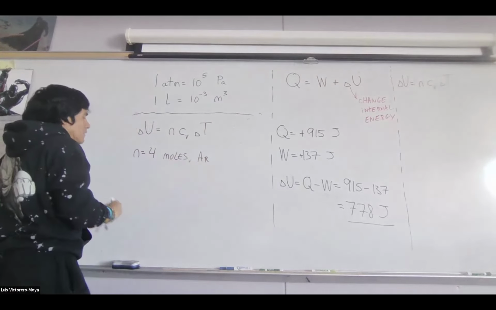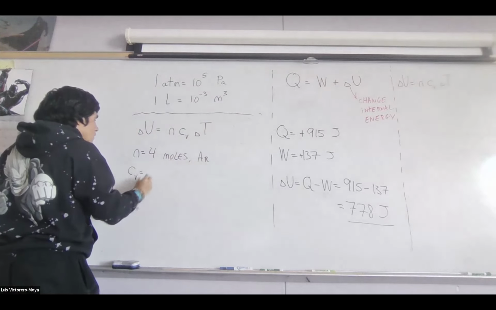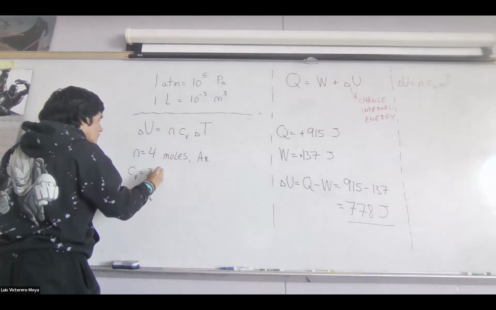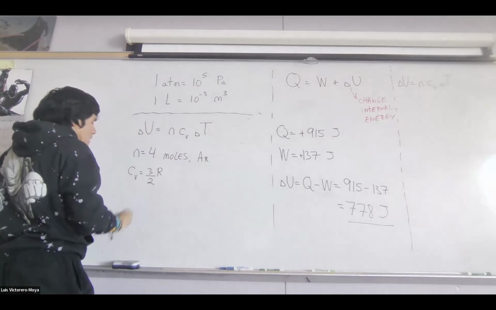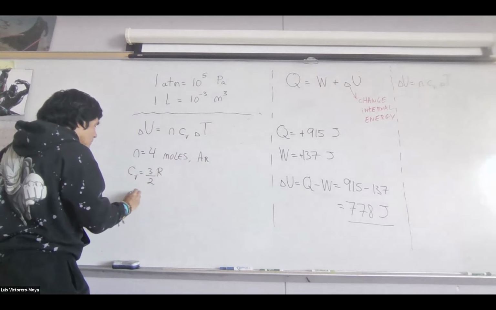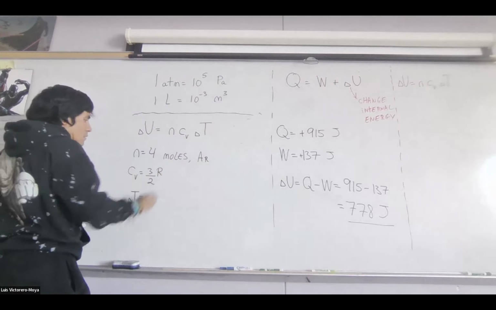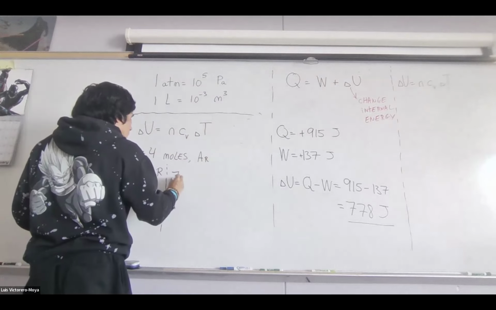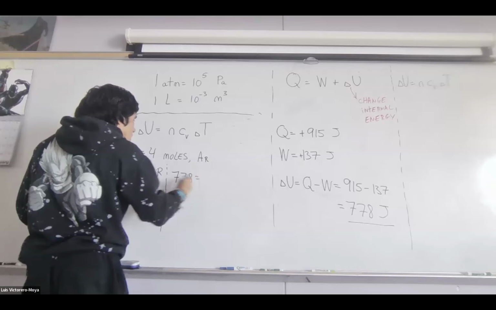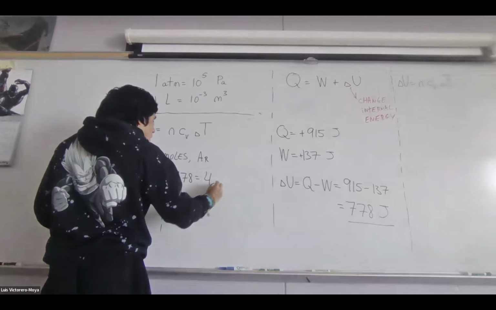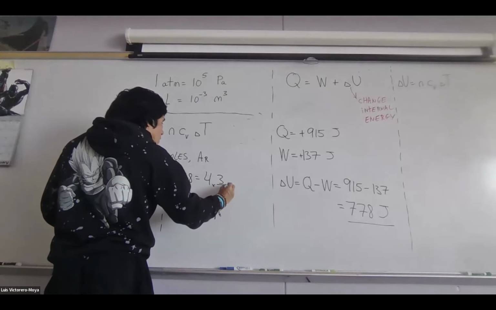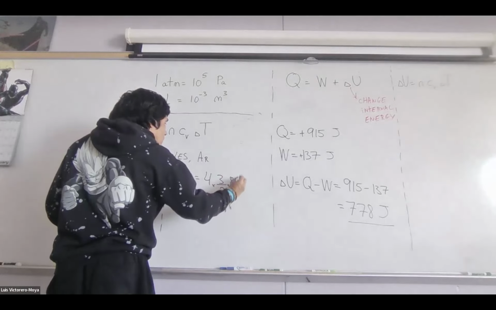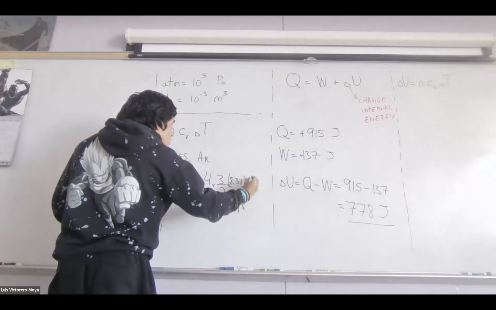Argon is a monoatomic gas, so CV is 3/2 of R. Delta T is what you want to find. Delta U is 778. That's equal to 4 moles, 3/2 of 8.31 times the change in temperature.